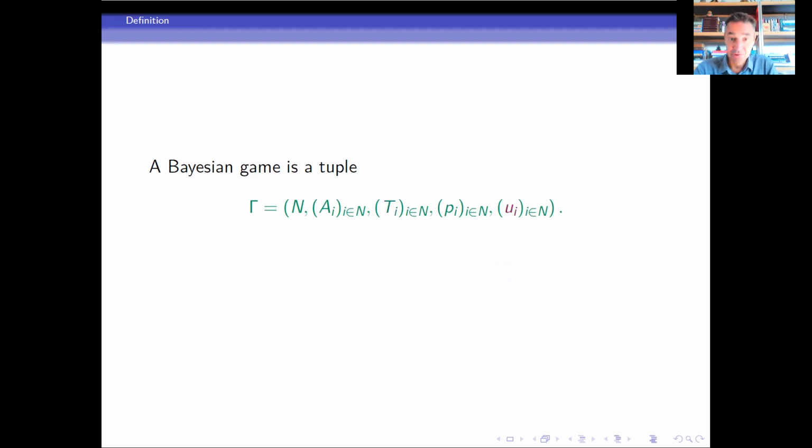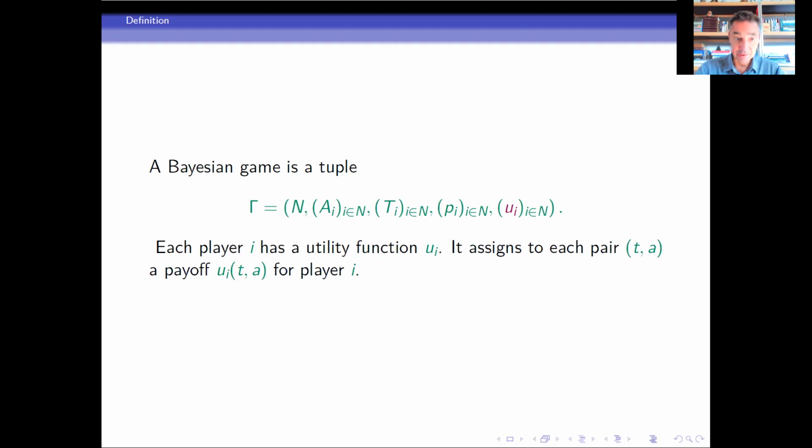The next ingredient is a utility function. Each player has a utility function, or a payoff function if you wish, if you use more game theory terminology instead of economic terminology. And so a payoff function has as input a t and an a, and maybe that needs a bit of explanation.